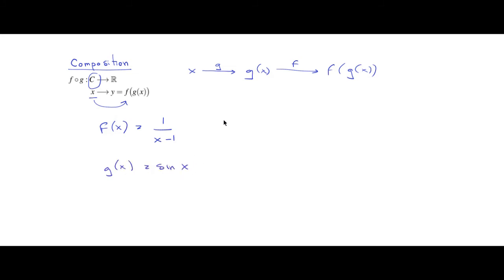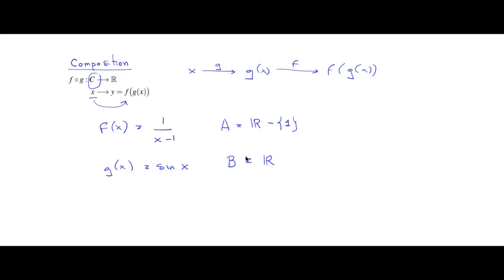So A, which is the domain of f, is a rational function, so it's the reals except the zeros of the denominator. The zero of the denominator here is just 1, so it's the reals except 1. And the domain B of the sine is the reals.